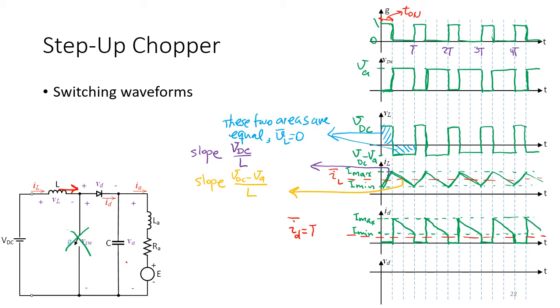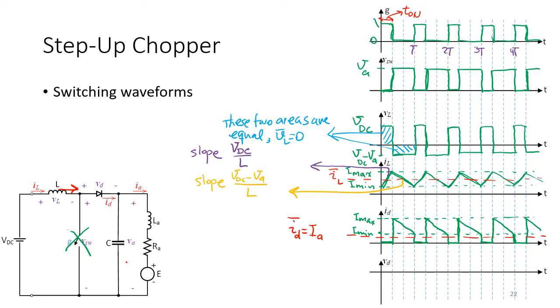And it is equal to IA, the load current. The reason is that the average current of the capacitor should be 0. Otherwise, you will see some change in the voltage of the capacitor.